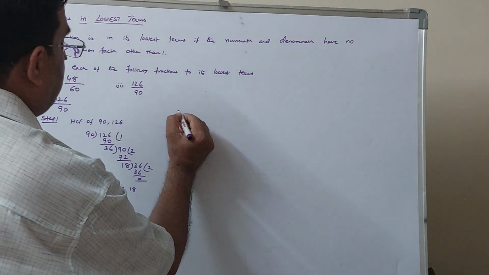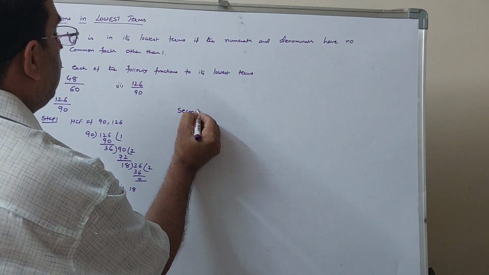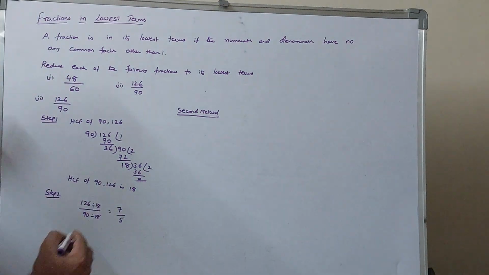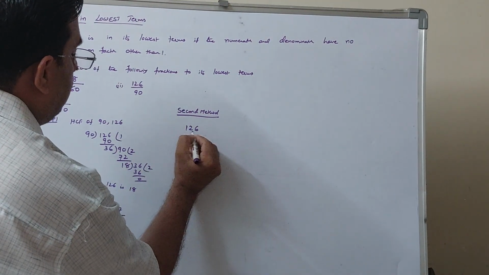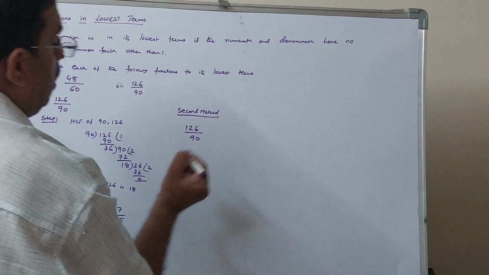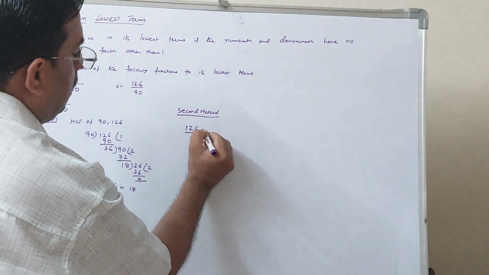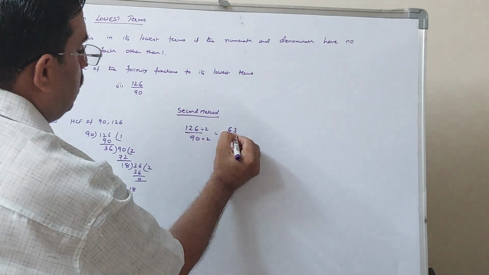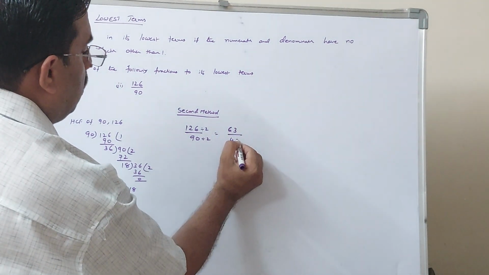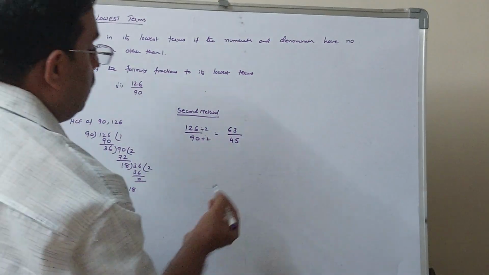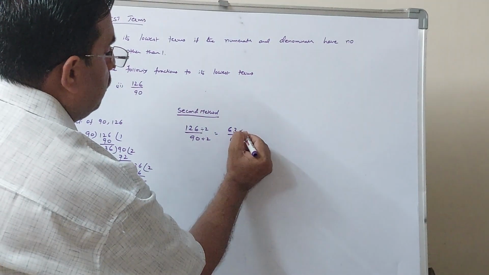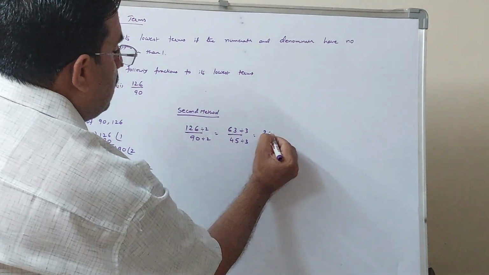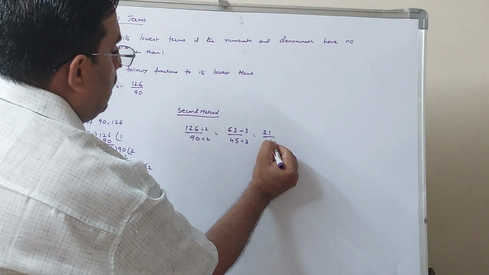Or the second method is what I told you before, dividing the numerator and denominator with the common factors. Both have common factor 2, divided by 2, divided by 2. 2 sixes are 12... we get 63 by 45.